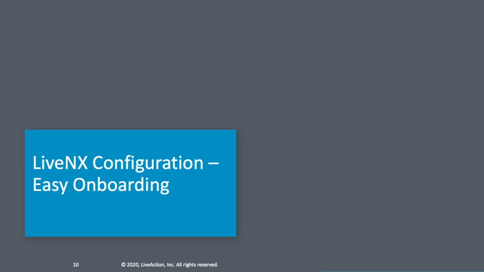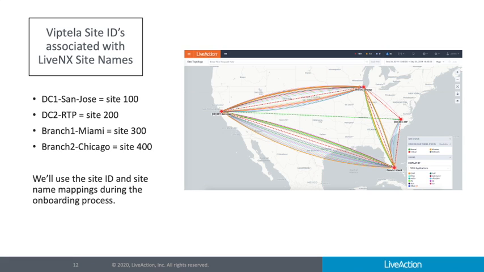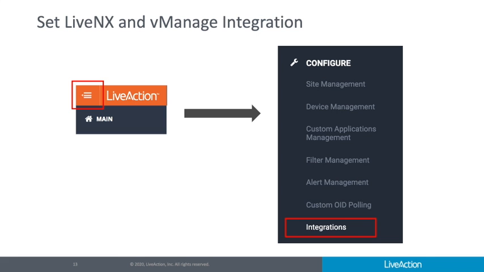And then when it comes to discovering the devices, we will need to collect site IDs again. Each site ID can be assigned to a site name, so it just makes it easier for the user to visualize the traffic going across different sites.